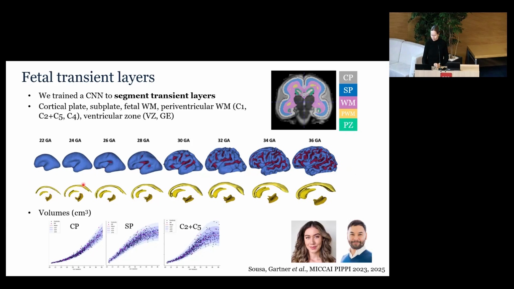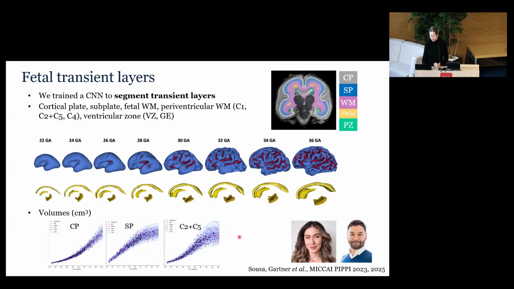And here in yellow, I have 3 periventricular white matter segments. Helena just plotted for me the volume. So these are absolute volumes. Here you see what happens with the volume of cortical plate. It's of course increasing, but it is actually accelerating. While subplate is also increasing, it is actually slowing down and plateauing in volume towards the end of our age range.